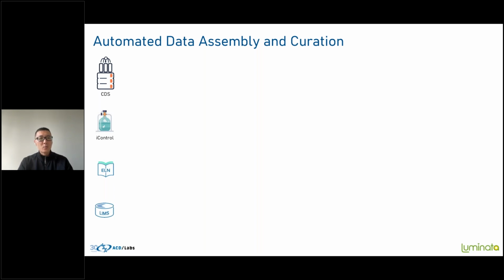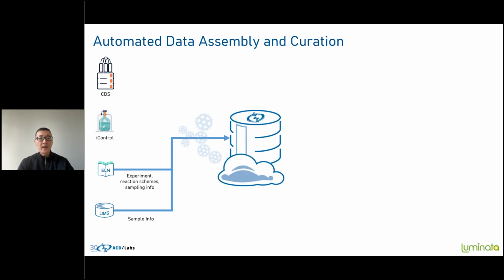In this case, we have different informatics systems, whether it's a CDS, iControl, which is from Mettler Toledo, that is a reaction monitoring system, ELNs, and LIMS systems. In this case, we have our automation services that will extract out the metadata from ELNs and LIMS systems with regard to experiment, reaction schemes, sampling information.